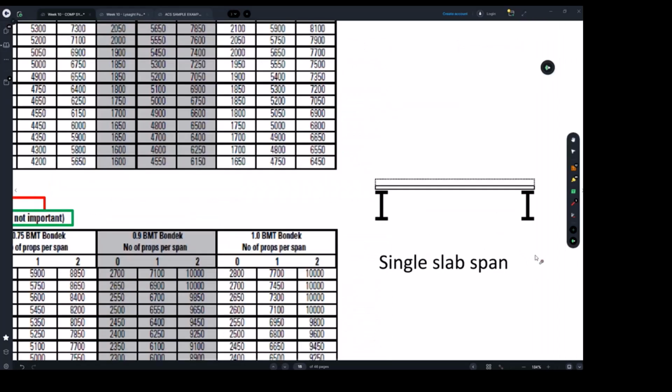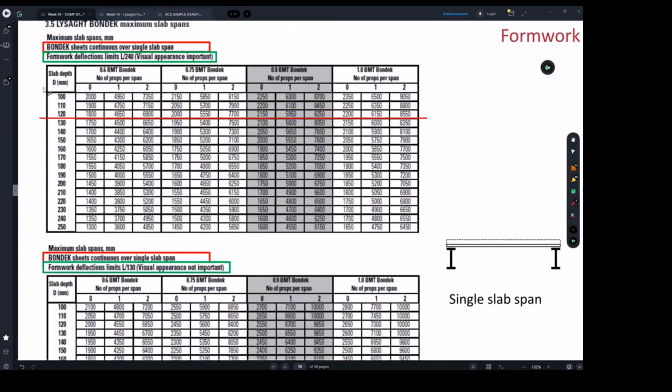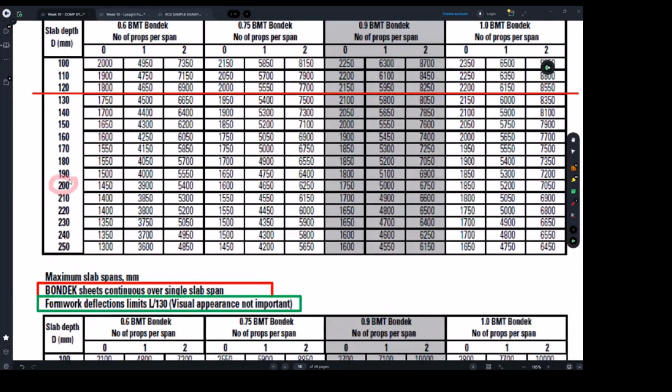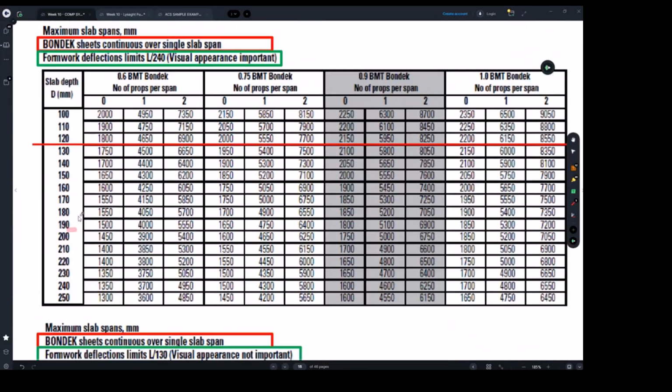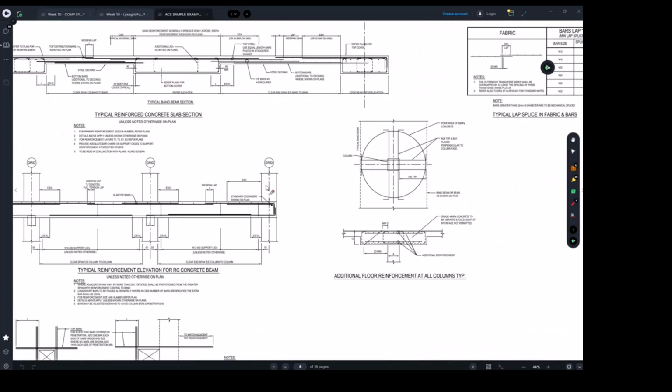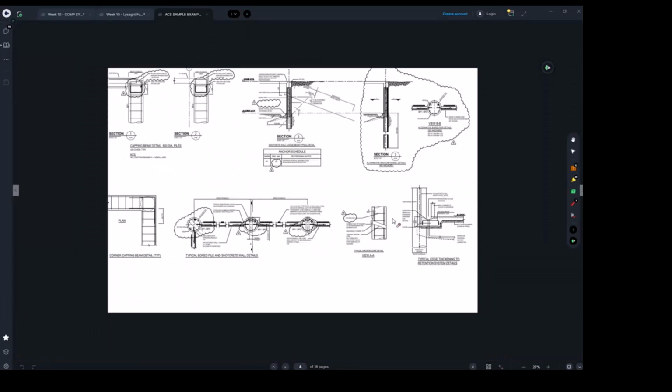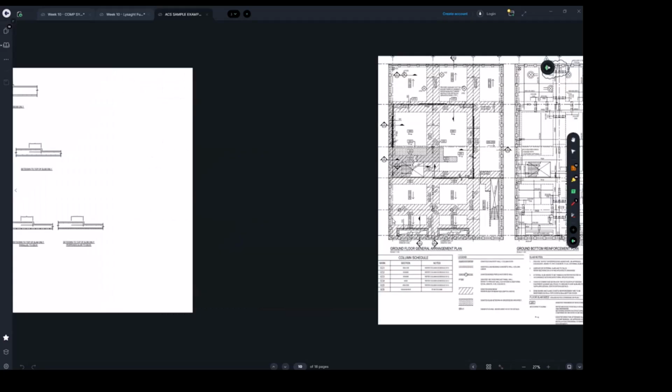If you have a project like your assignment 2, where you've got band beams, and you know it's simply supported or single span, then you just need to find out, if your slab thickness was 200, for example, what the span between the band beams was.